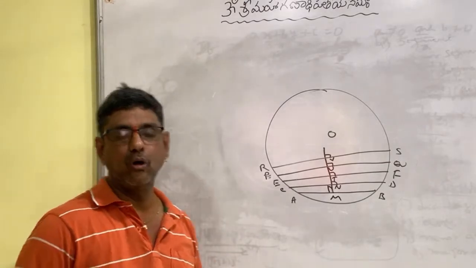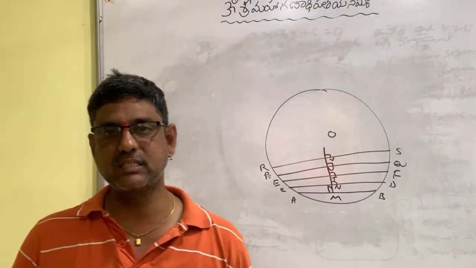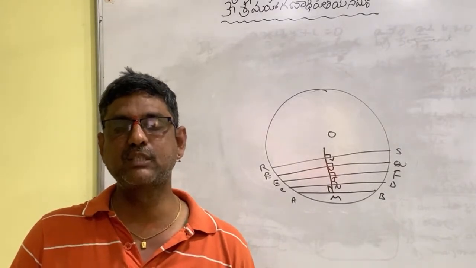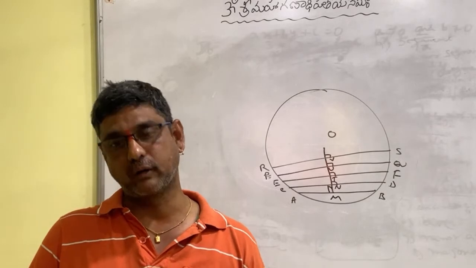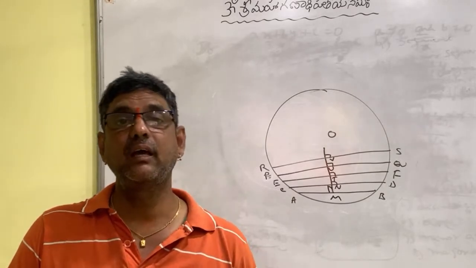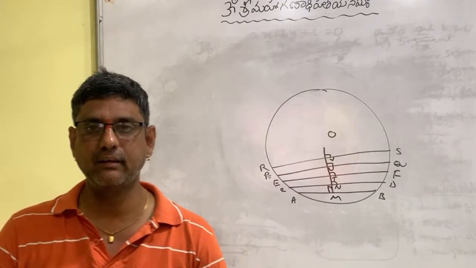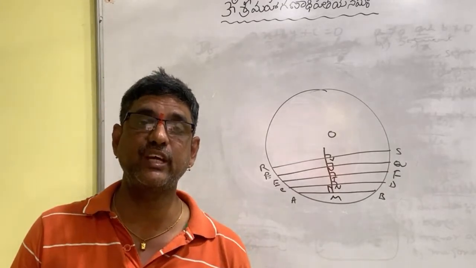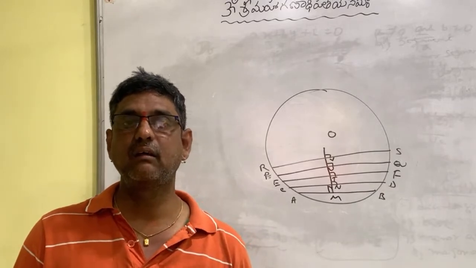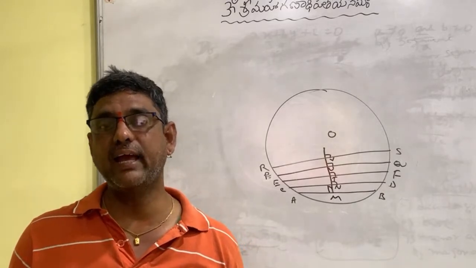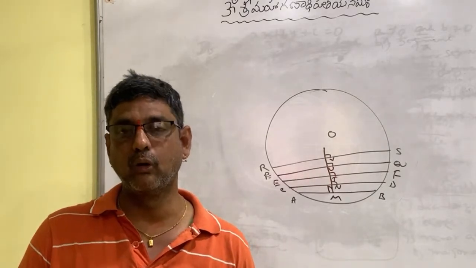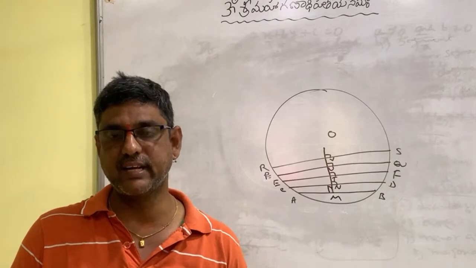So, if a chord is far away from the center, its perpendicular distance is more. If a chord is near to the center, its perpendicular distance is less and its length is more. That is what you have to understand.